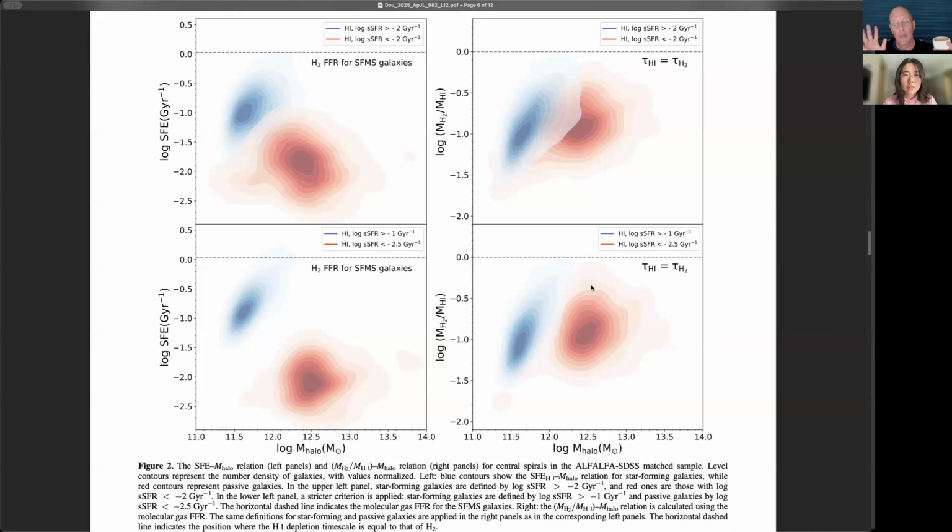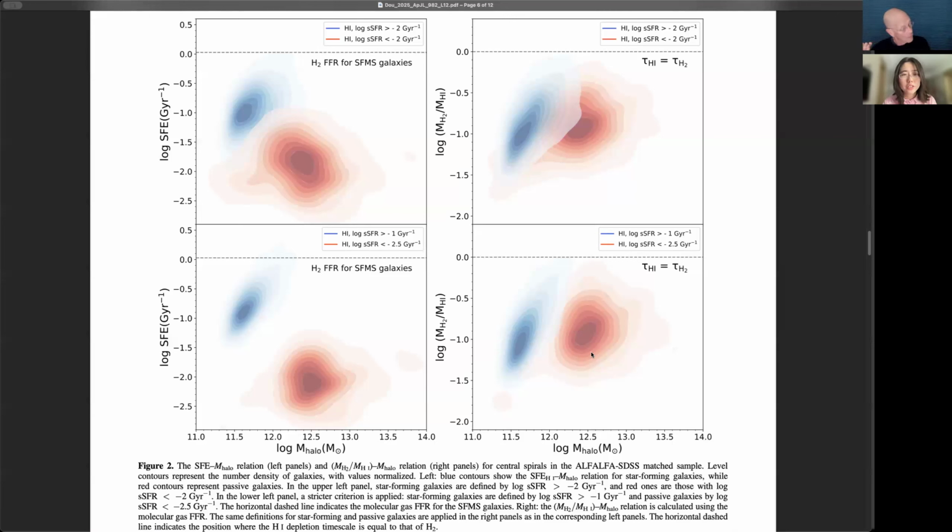So there is still a large gas reservoir, but it cannot form the direct fuel for star formation and eventually ceases the star formation. So this figure basically tells us that the dark matter halo is very important both for star forming and for quenching the galaxy.